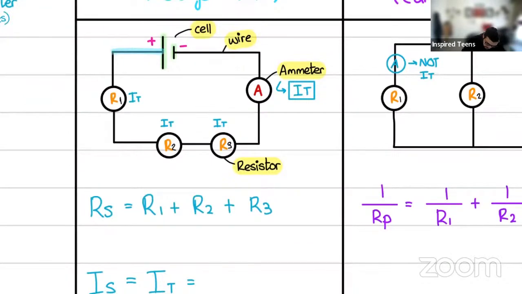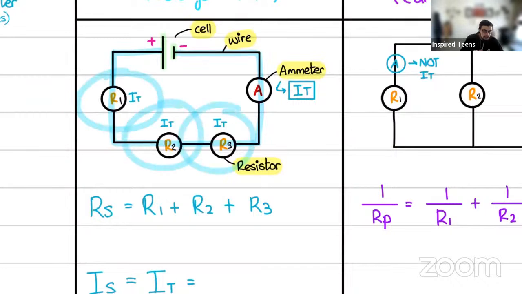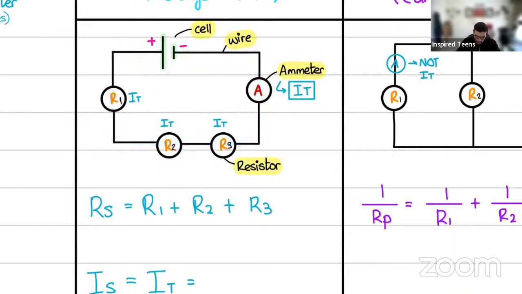Current starts from the positive and goes through R1, then through R2, then to R3, and eventually goes back into the battery. So the current travels along one single path. You can think of it like water. It travels through one single path, and that is the reason why every resistor in series uses I total, uses all of the current. Current does not split in series. It carries on as one full current.